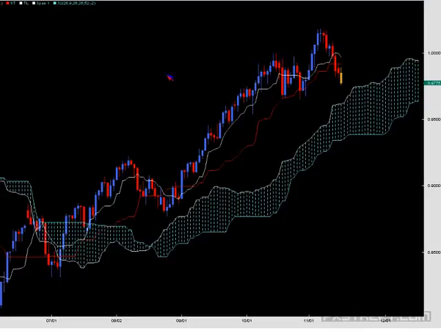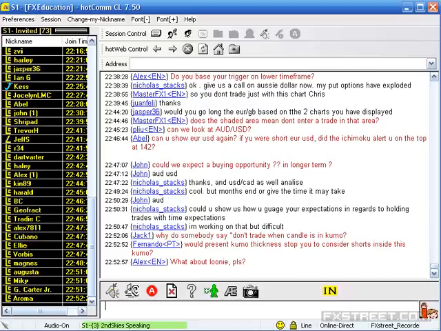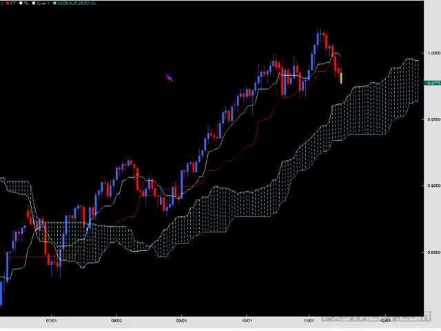Okay, a couple of questions here in the chat. Why do people say don't trade when the candle is in the kumo? Partially because the kumo represents support and resistance. This is traditional Ichimoku trading. If the kumo represents support and resistance, we generally don't want to trade inside the kumo because there is no established trend in there and no established winner inside that.